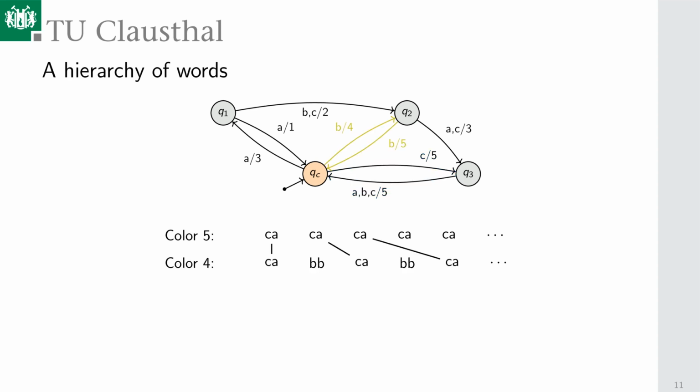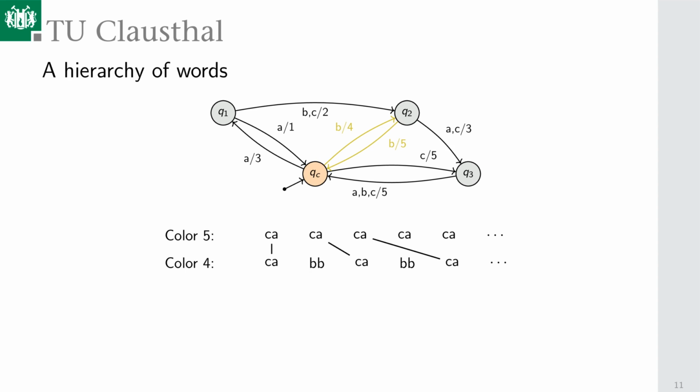Now let us assume that we take this word with color 5 and inject the flower loop with color 4 infinitely often at places in which the run is in the center state. We can do so by injecting the letters of the flower loop with color 4 at the positions in the word in which the run is at state QC.